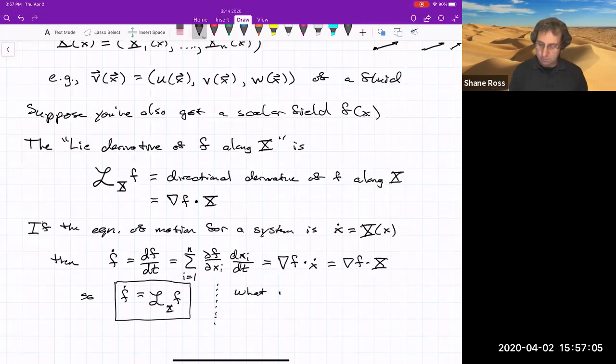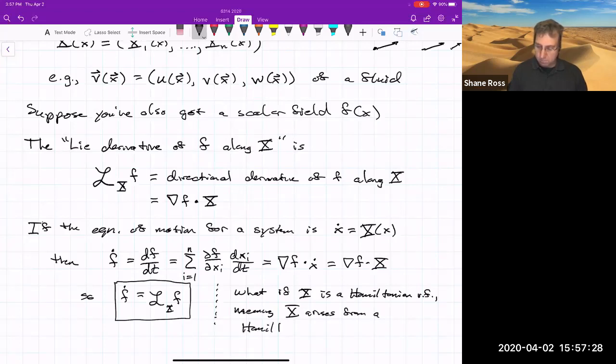So what if X is a Hamiltonian vector field, just meaning X arises from a Hamiltonian function, H, so that we would write X as X sub H, just to remind ourselves this comes from a Hamiltonian function.